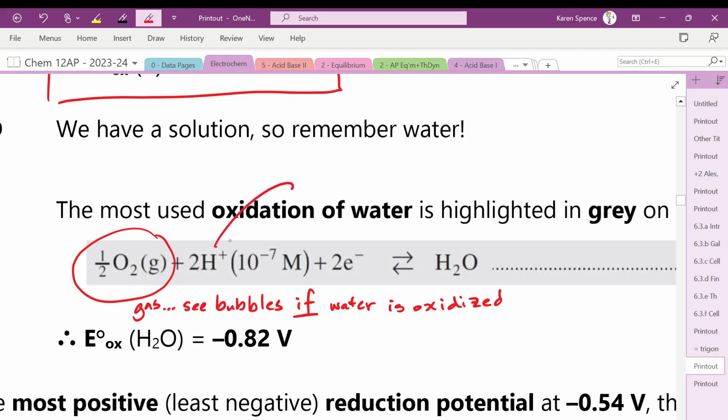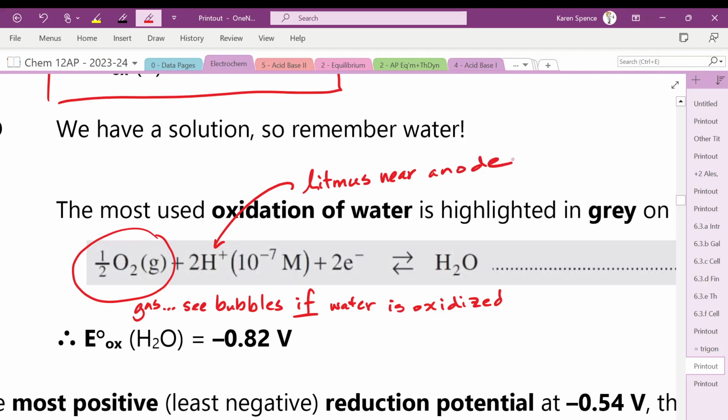Also, what else are we producing? H+. So what would we observe if we put litmus near, and this is oxidation, so it would be at the anode.